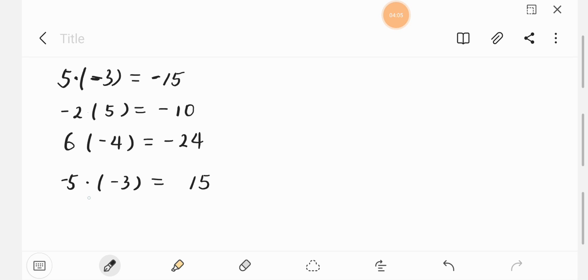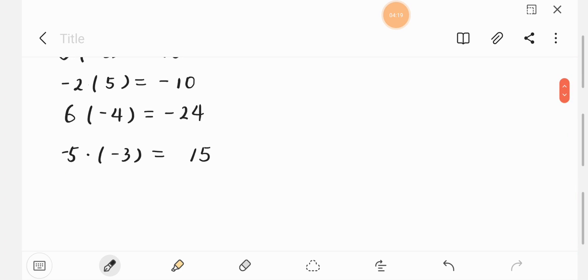Negative times negative is positive, just like positive times positive is positive. So multiplying two negative numbers is also positive. Simple.